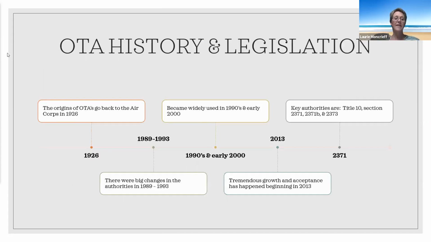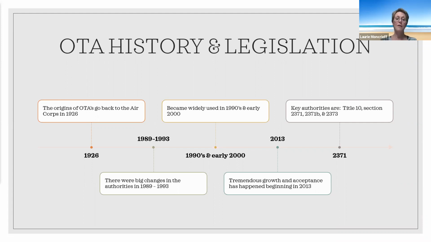So this is kind of the history, the legislation. There's some folks that like digging into the weeds. But my point in this discussion is that, believe it or not, this agile acquisition tool goes all the way back to 1926, if you can believe it. I was kind of surprised, was not aware of that. But they've done a lot of changes, and really we've seen the most growth between 2013 and today.